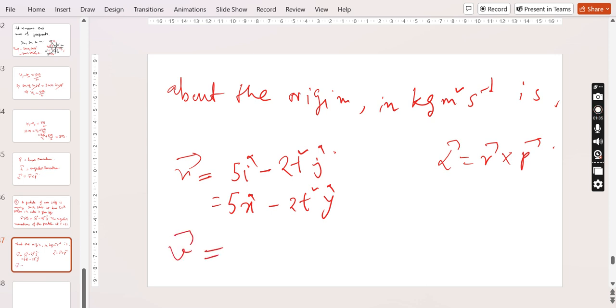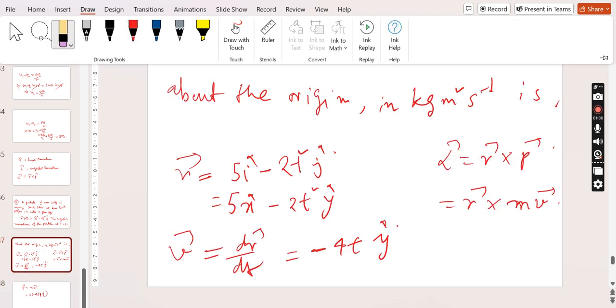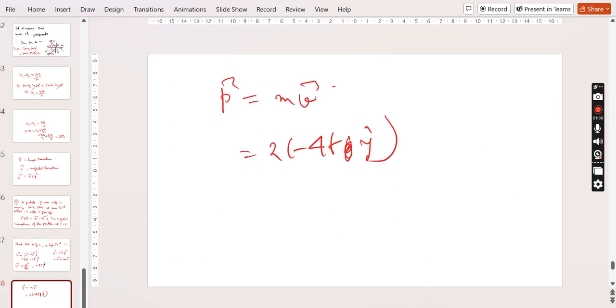This thing is constant, so we will get only the one term.